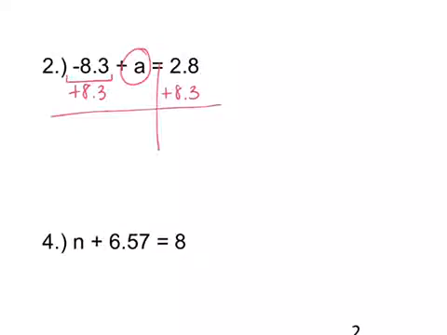A lot of people would get confused because they see this plus and they're like, oh, minus. But when you minus 8.3 from negative 8.3, you don't get 0, and that's the goal here. So that cancels out. A is equal to, oh gosh, what is this, 11.1? 11.1.